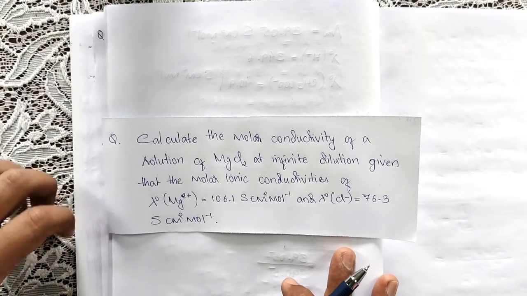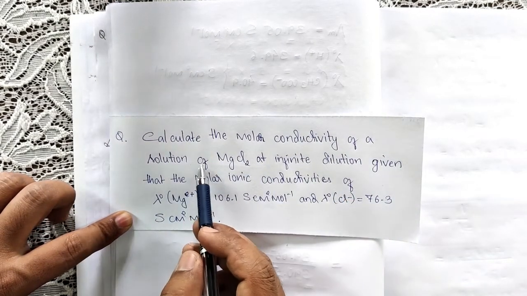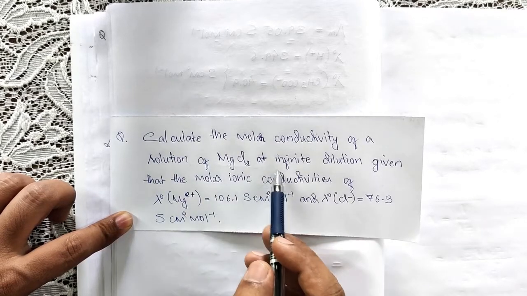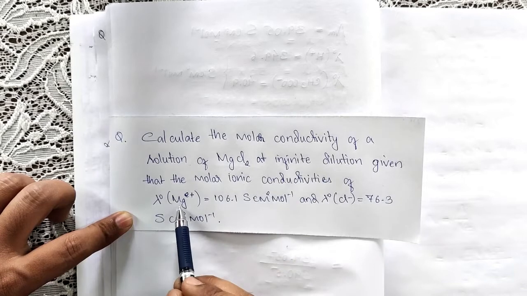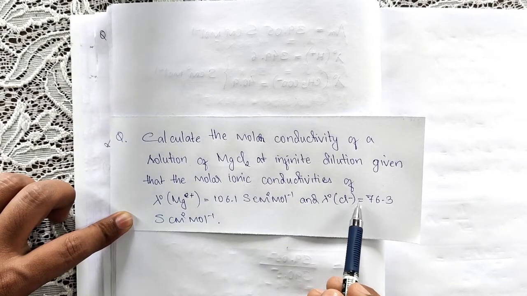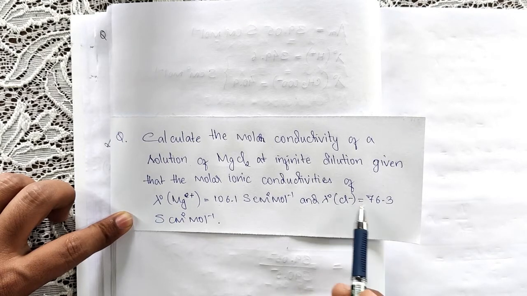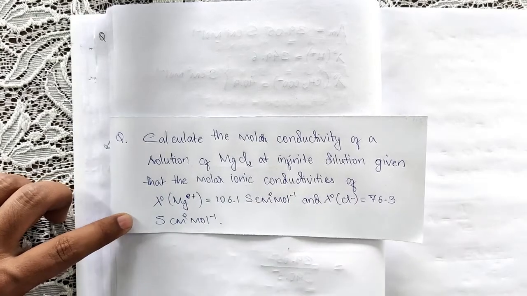Now we shall try our next problem. Calculate the molar conductivity of a solution of MgCl2 at infinite dilution, given that the molar ionic conductivity of Mg2+ is 106.1 and Cl minus is 76.3. So you are supposed to calculate the molar conductivity of MgCl2.